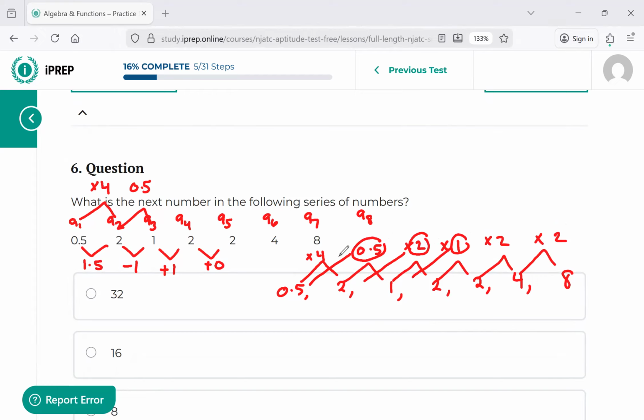It may not be a common ratio, but I think each multiplication is from the previous number.